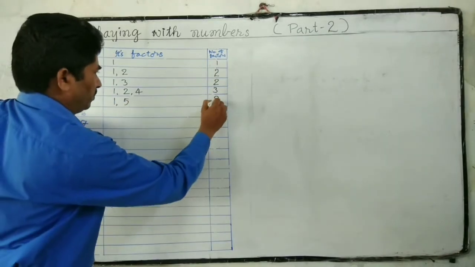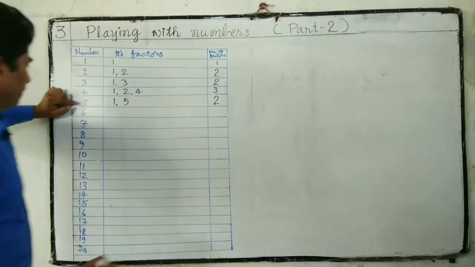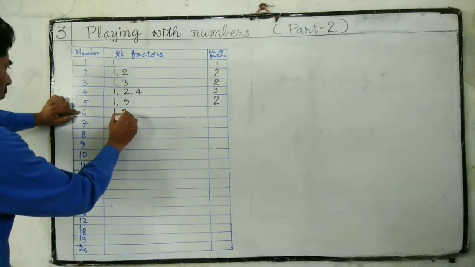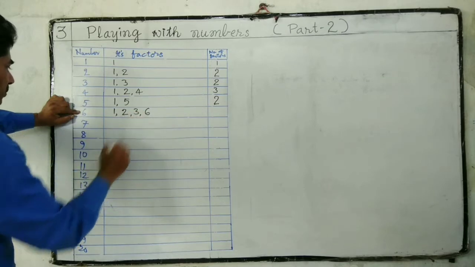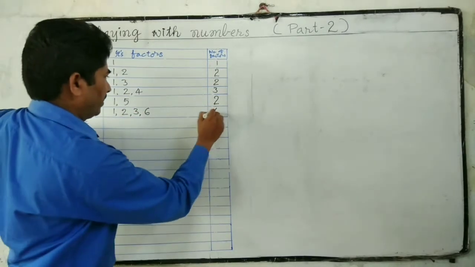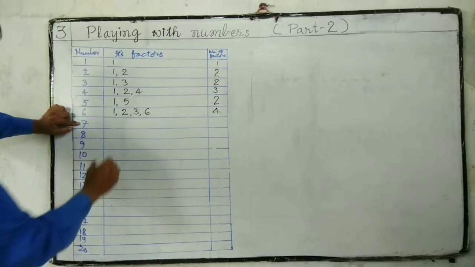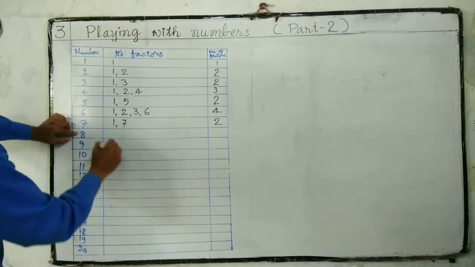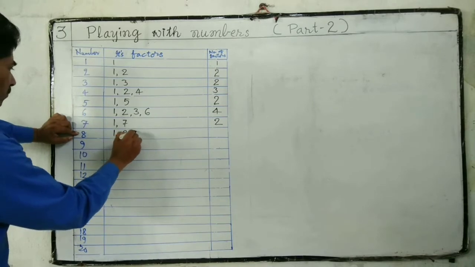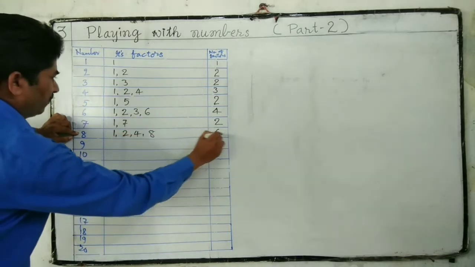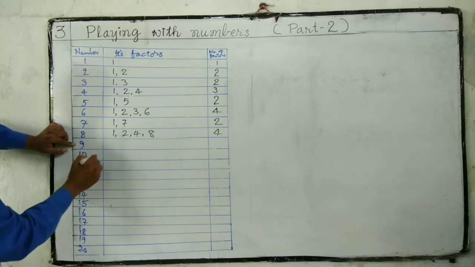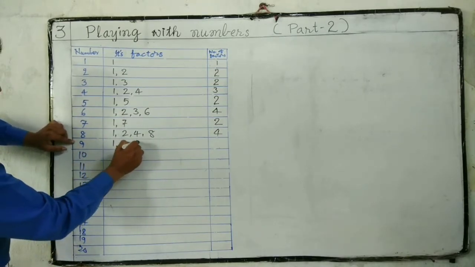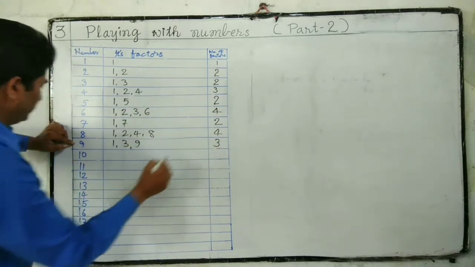So, it has 2 factors. 6 is divisible by 1, 2, 3, 6. So, it has 4 factors. 7 is divisible by 1, 7, 2 factors. 8 is divisible by 1, 2, 4, 8. It has 4 factors. 9: 1, 3, 9. 3 factors.